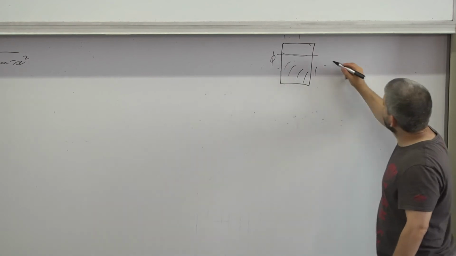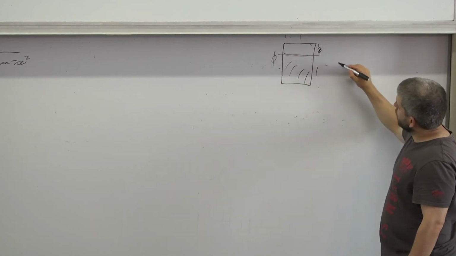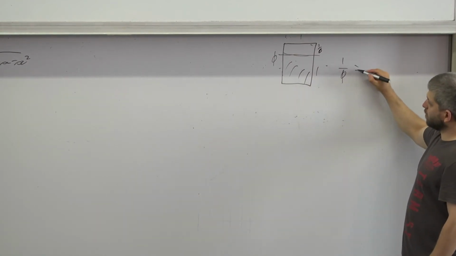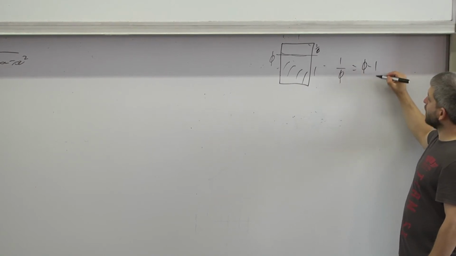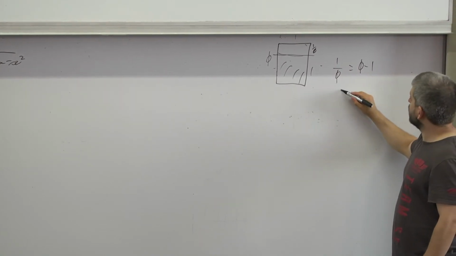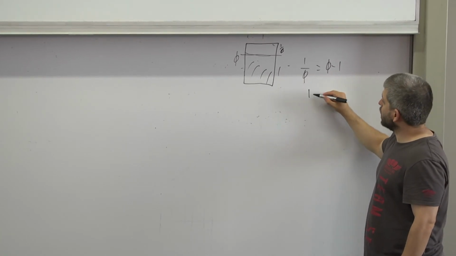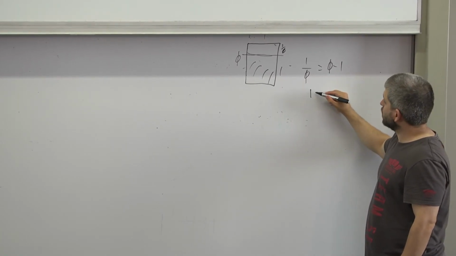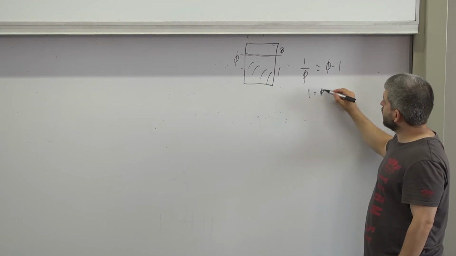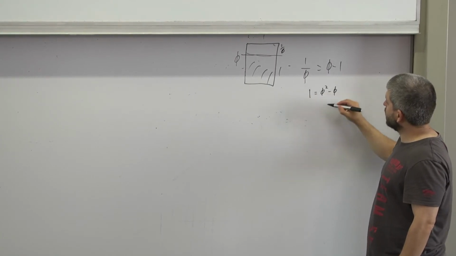So what does this mean? It means that 1 over phi is equal to phi minus 1. Multiplying everything by phi, we get 1 is phi squared minus phi.